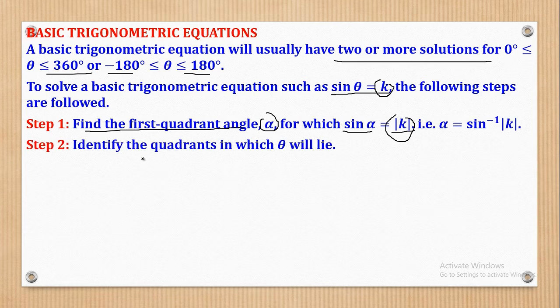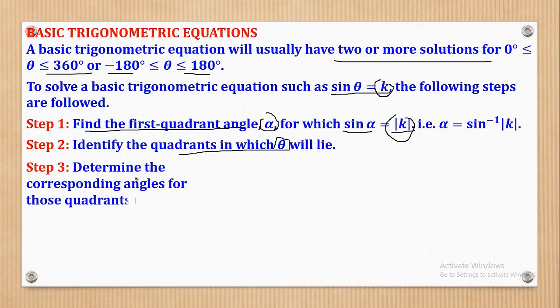Then after getting the first quadrant angle, you identify the quadrants in which theta will lie. Now this one is a little confusing, but we shall explain it in detail in every example for you to understand it. Then step 3 is to determine the corresponding angles for those quadrants using any of the diagrams.